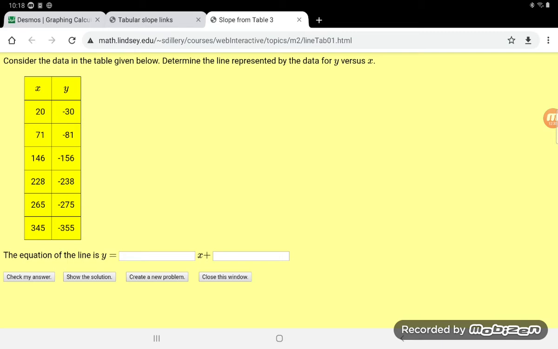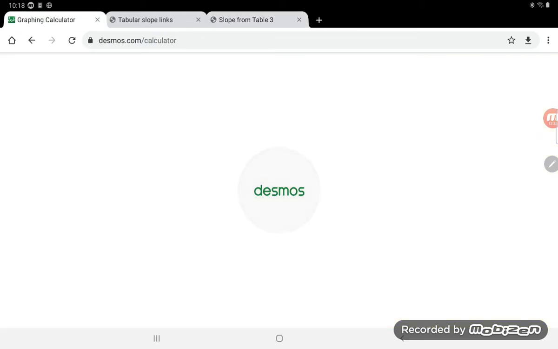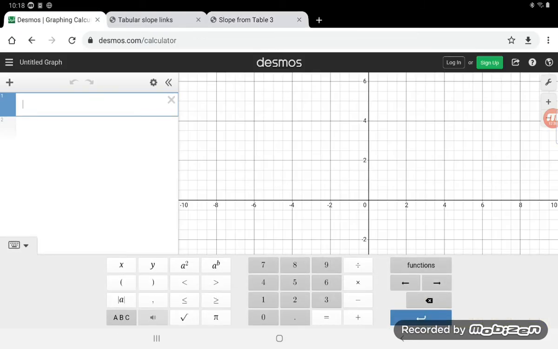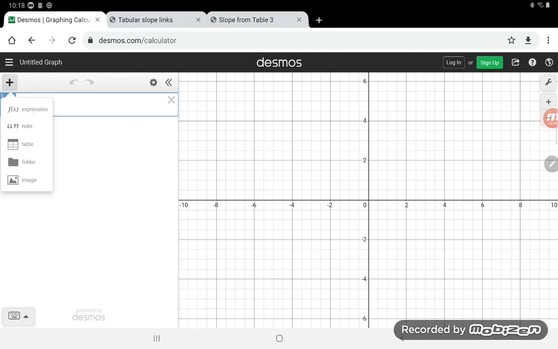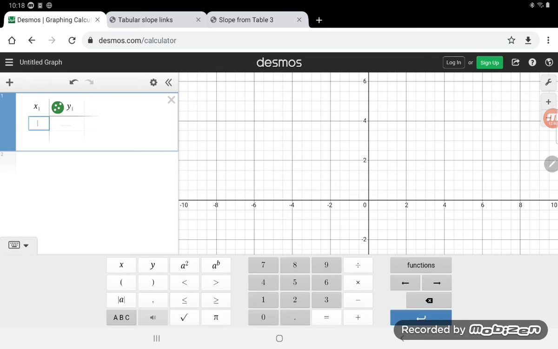This could take me a moment, but I have 20 and negative 30. So here's my decimals calculator, and what I want to do is just add a table. Okay, 20 and negative 30.